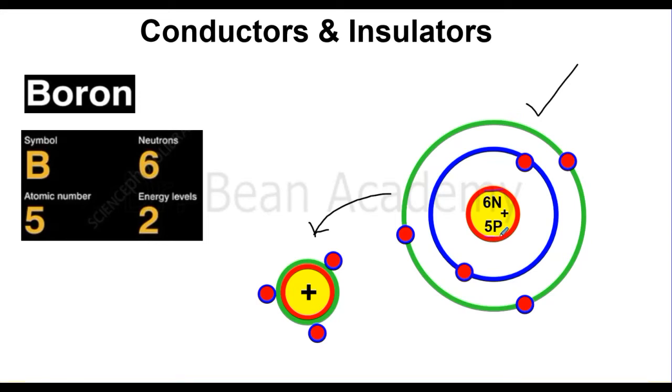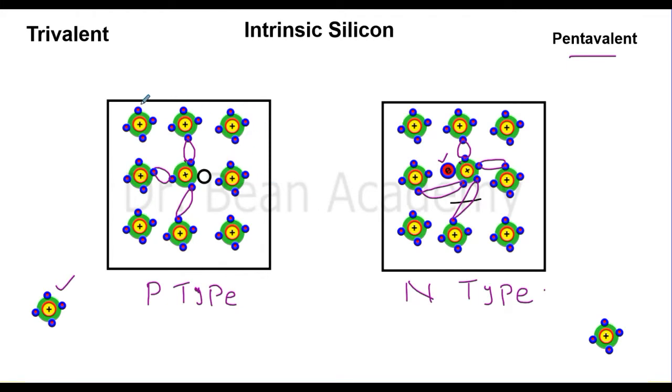It has 5 protons, protons have positive charge, and then it has 5 electrons around the nucleus. So 5 protons, 5 electrons, and the charge of protons and electrons is equal but opposite, so it is electrically neutral. Of course, silicon is also electrically neutral. So this whole p-type material, no matter how many holes it has, is electrically neutral.